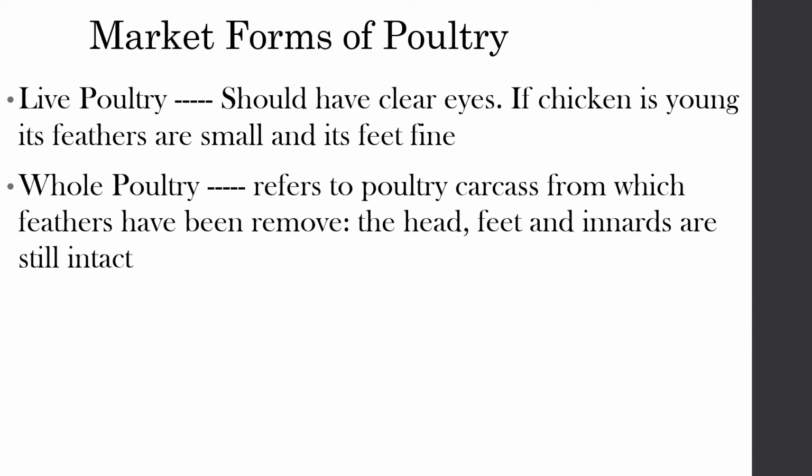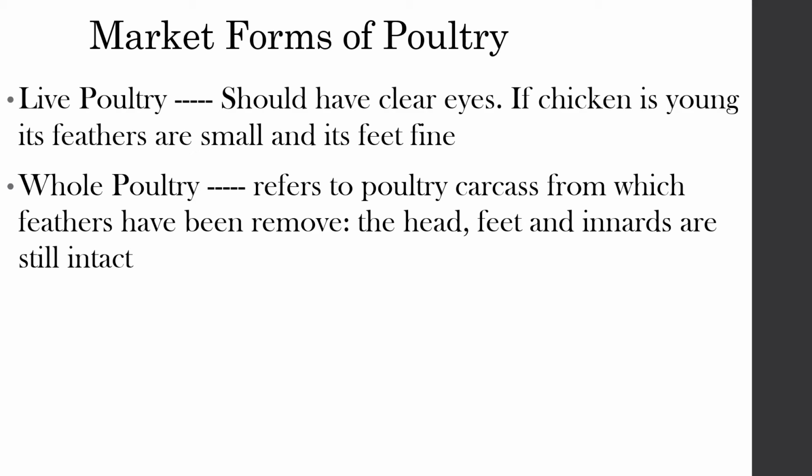Live poultry is what you sometimes see on the road on vehicles, delivered alive. Whole poultry refers to poultry carcass from which feathers have been removed. The head, feet, and innards are intact.